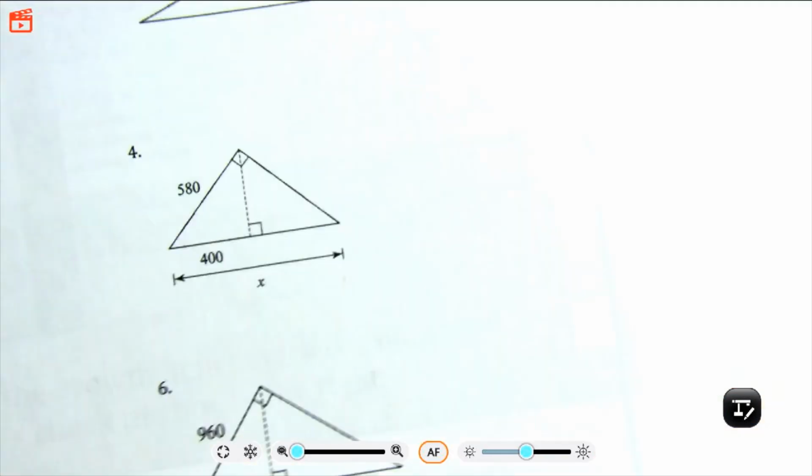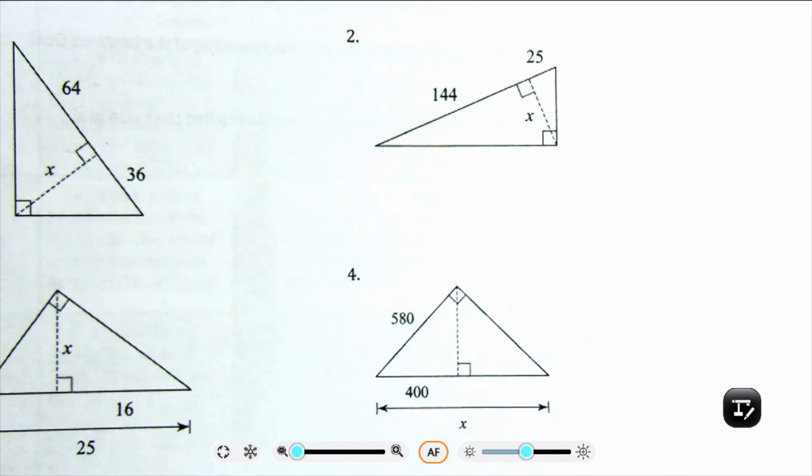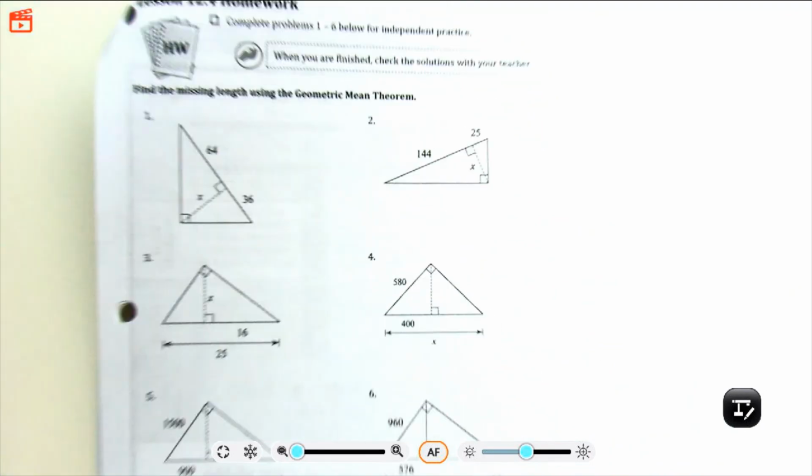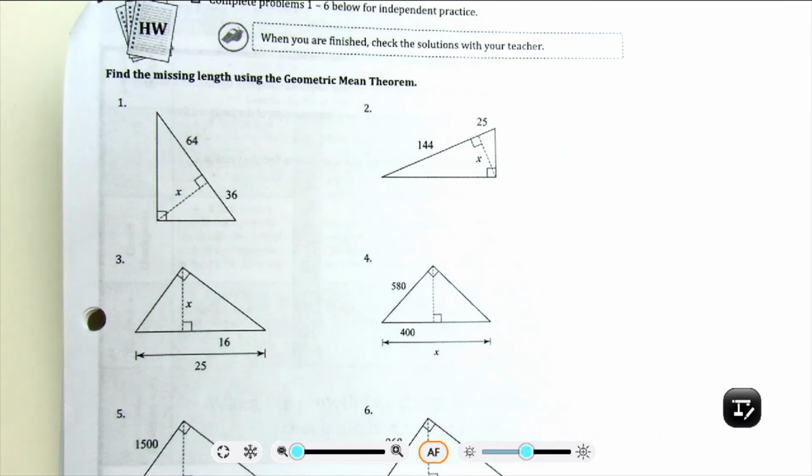Okay, so now for your homework. You're given these triangles, and you have to use the geometric mean theorem to find the missing length. I'll do a problem with you with the setup. Let's look at number 3 together.